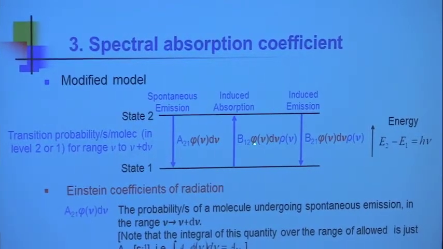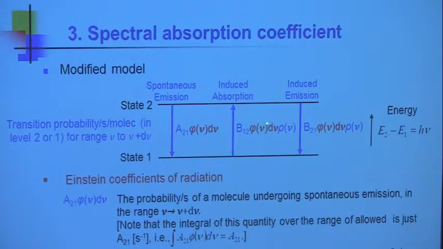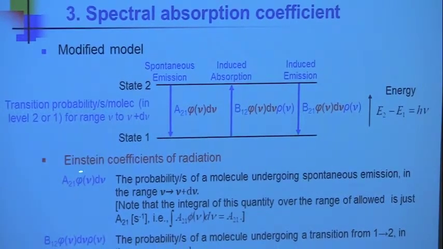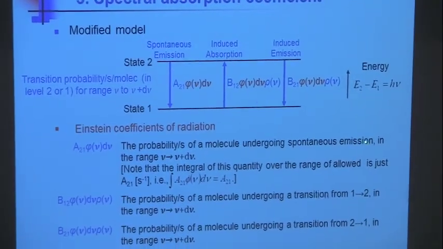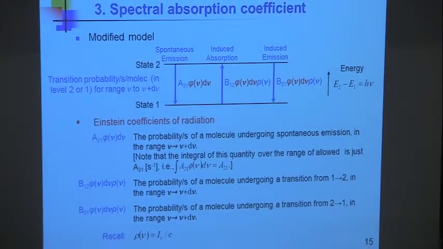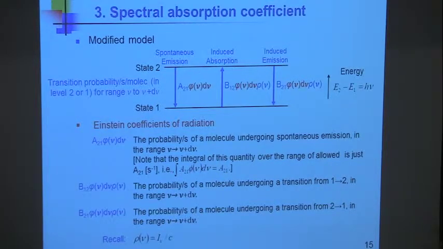Now we have to recognize that it depends on frequency and width, d nu. So basically, I redo the Einstein coefficient so that this quantity now is the probability of undergoing spontaneous emission in this range. And then if I integrate over the entire frequency here, I'll get A. So basically, I'm just inserting a shape factor.